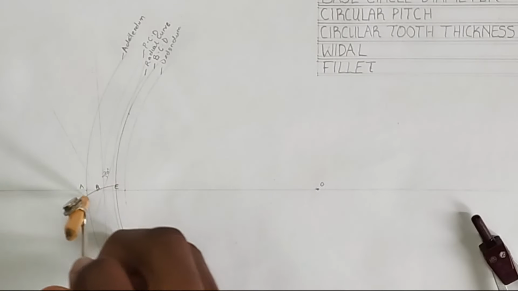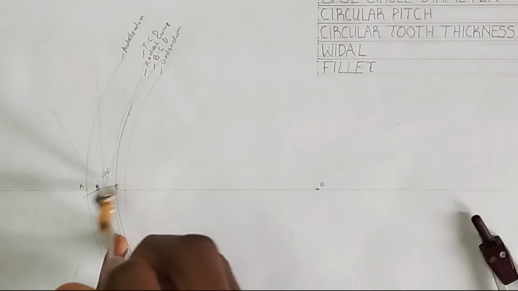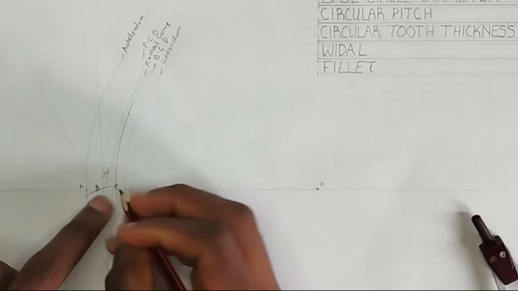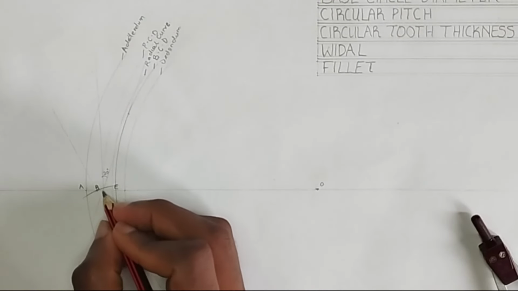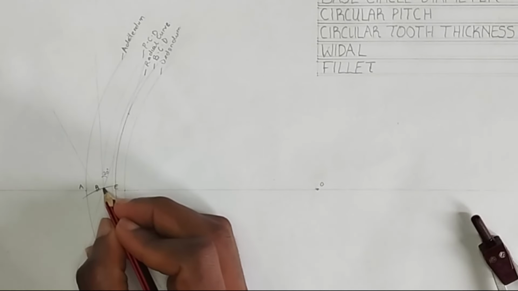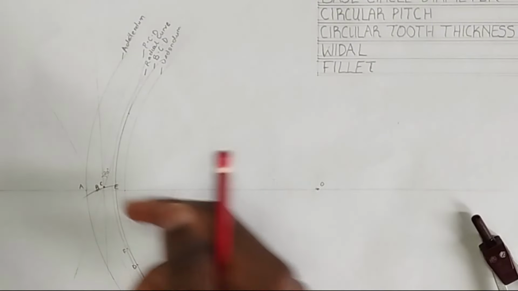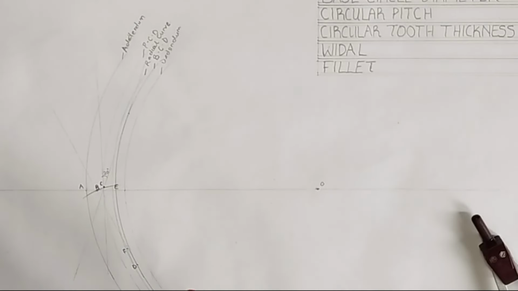Okay, this is our profile arc. So at this point where the profile arc is cutting our pitch circle diameter, we are going to label this point as our point C.